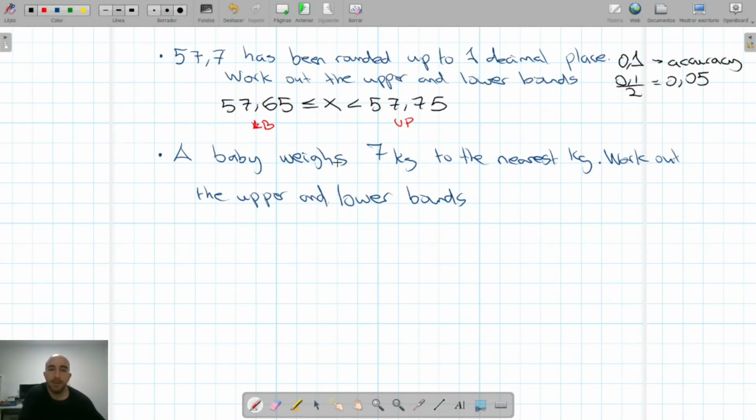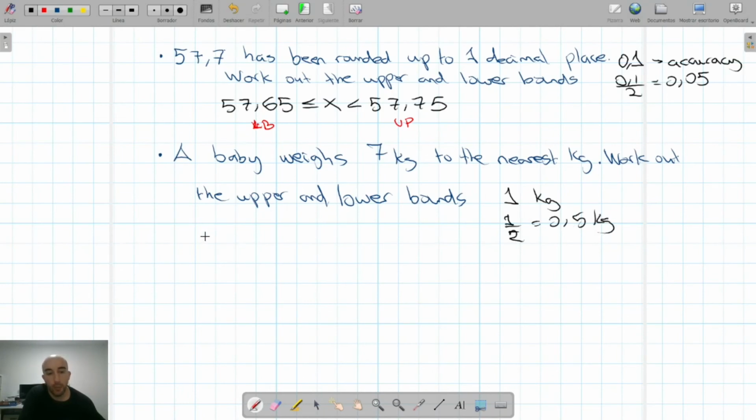Next exercise, a baby weighs 7 kilos to the nearest kilo. Work out the upper and lower bounds. So now my accuracy is 1 kilo. The scale I was using can only measure 1 kilo, 2 kilos, 3 kilos. So step 2, 1 kilo divided by 2 is 0.5 kilos.